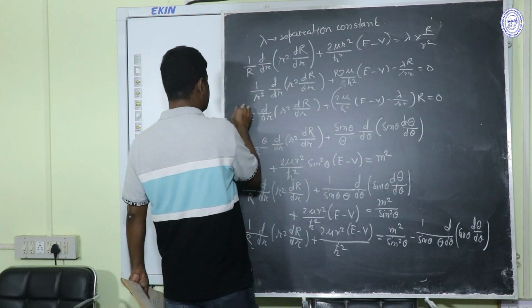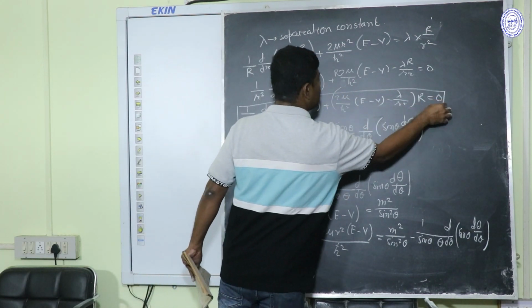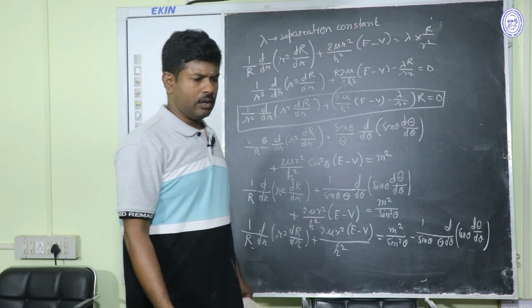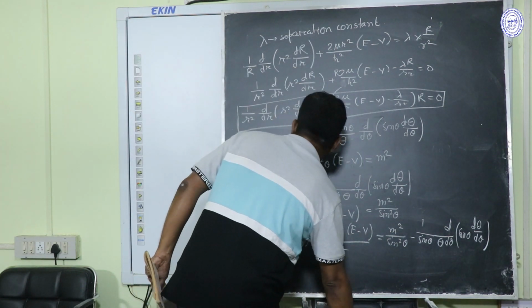This is the radial part. This is the radial part equation of the wave function for the electron.